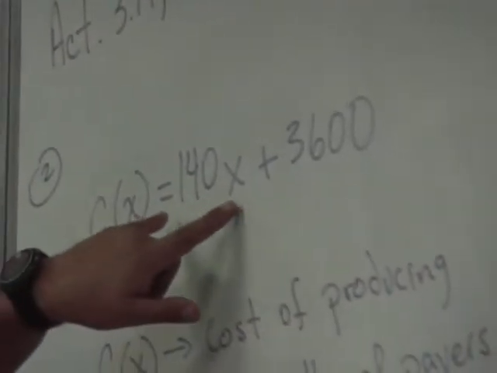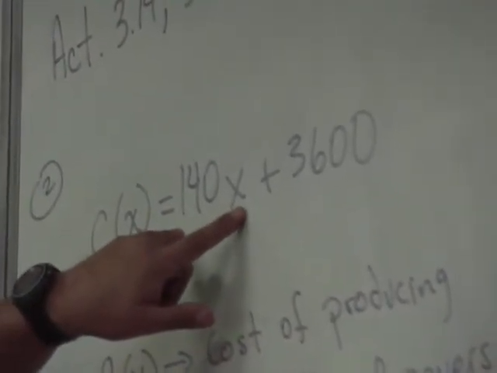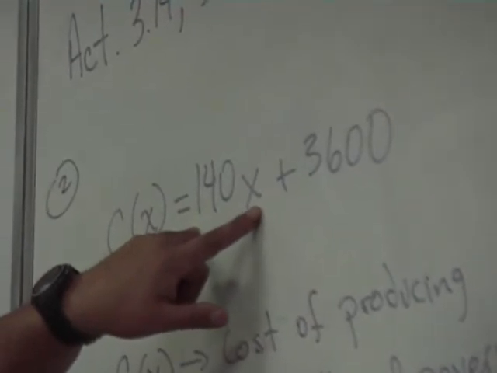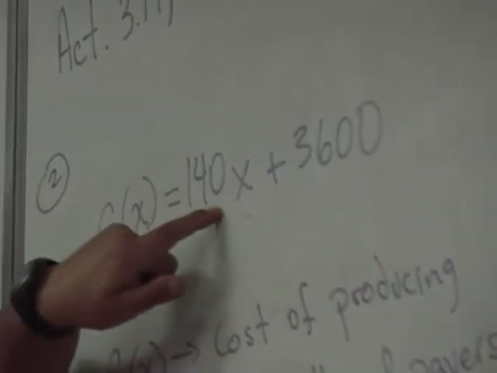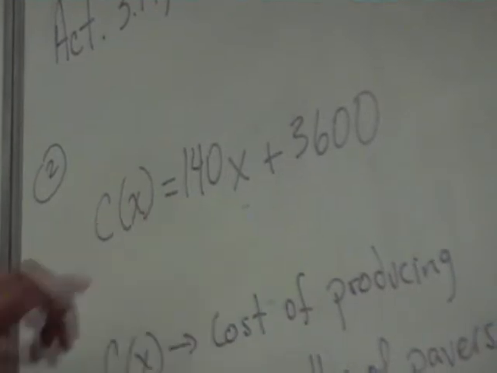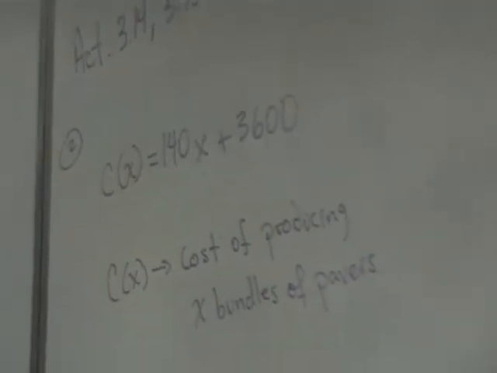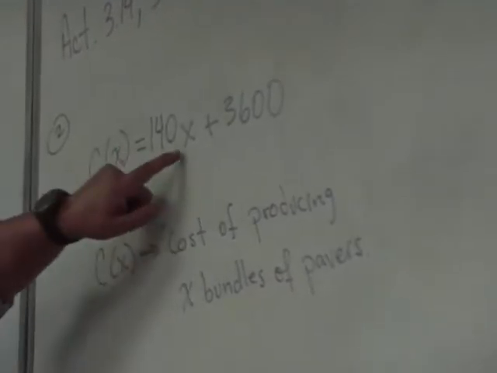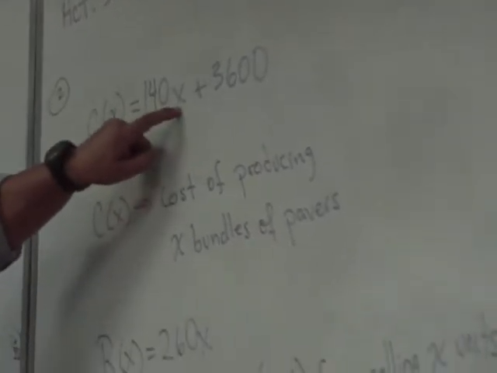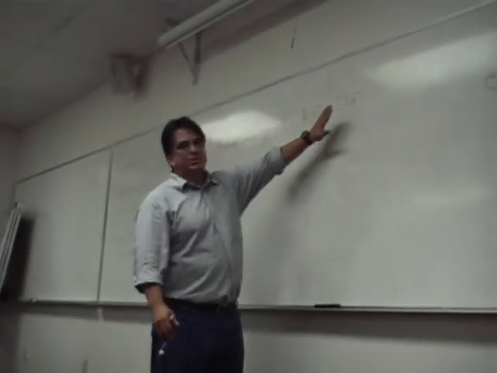And then you have costs that change depending on how many units you make. This probably takes into account the materials, what you have to buy to make these pavers, and the electricity that you use, all of the stuff that is associated with making the units. You don't have to know that to answer this question. To answer this question, you just have to understand break-even means revenue is equal to cost.